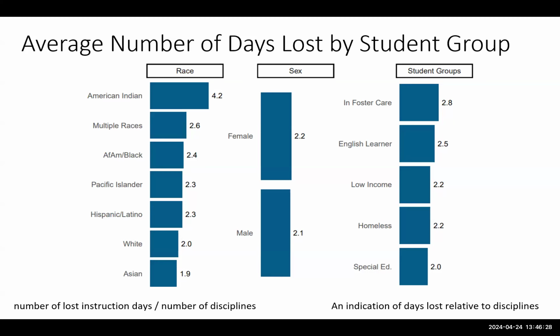And you can see that especially students in foster care and English learners also have not a good balance here. Why is this? Given the disciplines there, maybe it's a matter of the type of incident. That's one thing we're not considering here.